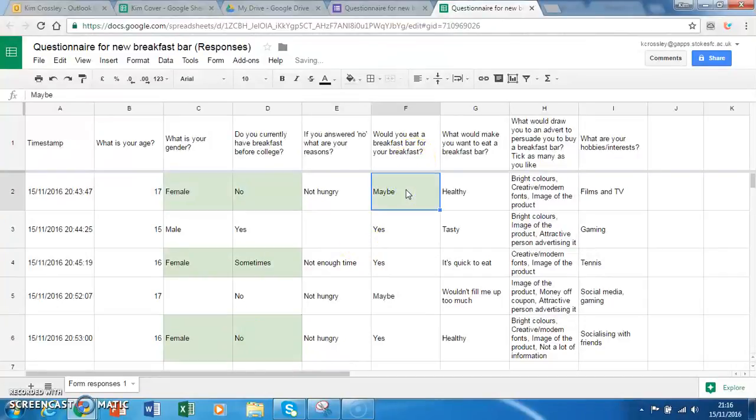So we've got there what the females are saying. Maybe, and 2 yeses. That's saying to me that even though the majority of females don't eat breakfast, they're actually open to having a breakfast bar. And again, we can see that 2 of the responses are that it's healthy.